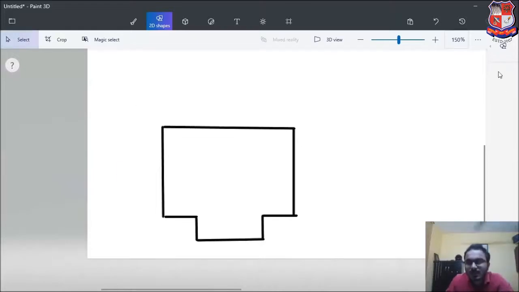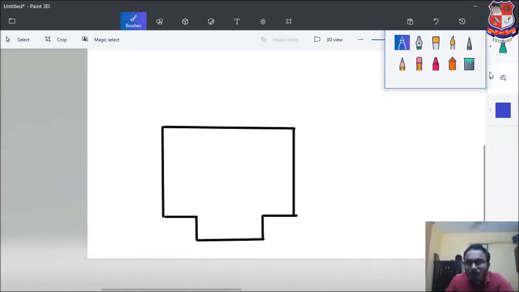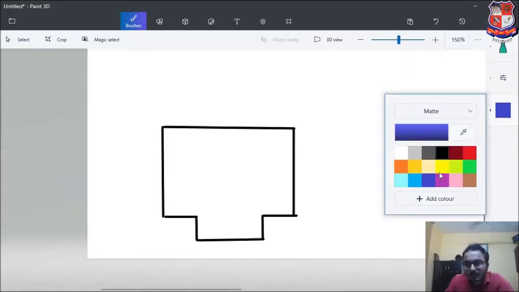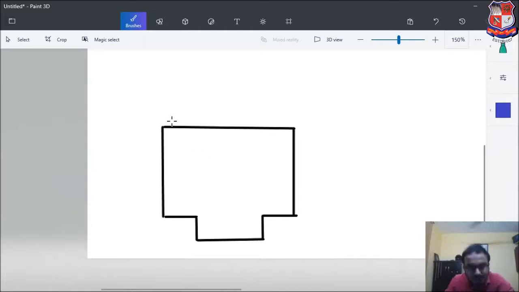This will be the arrangement, and now we will have the cooling arrangement for this.